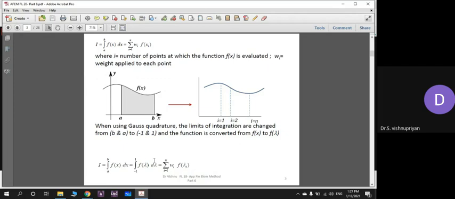So this is the first thing we are doing: we change the limits from a to b to -1 to 1. And then we are going to evaluate this function at various values of lambda, and then multiply that with the weighting function for the first point, then second point, then third point. So we are actually summing them between i equal to 1 and i equal to n. Whatever you are getting, sum them, which will give you the value of the integral.